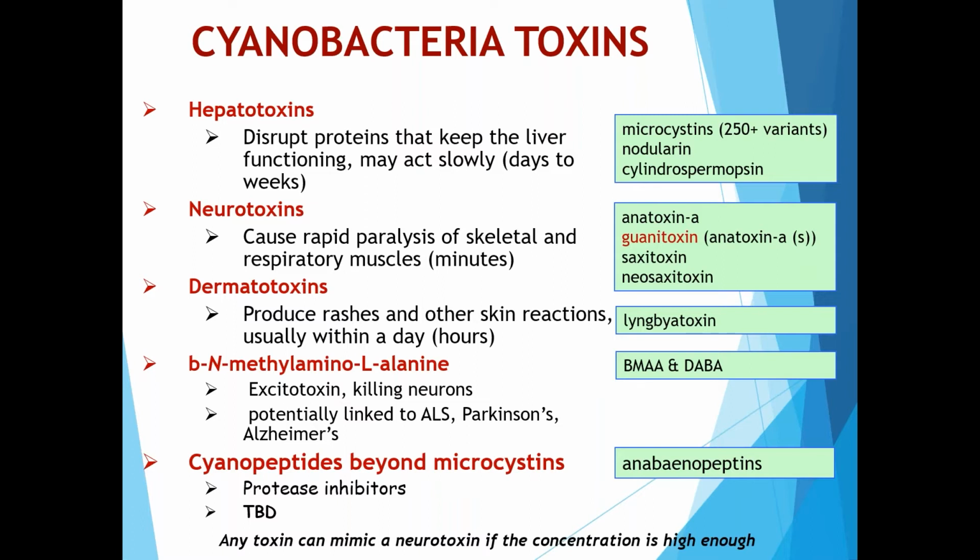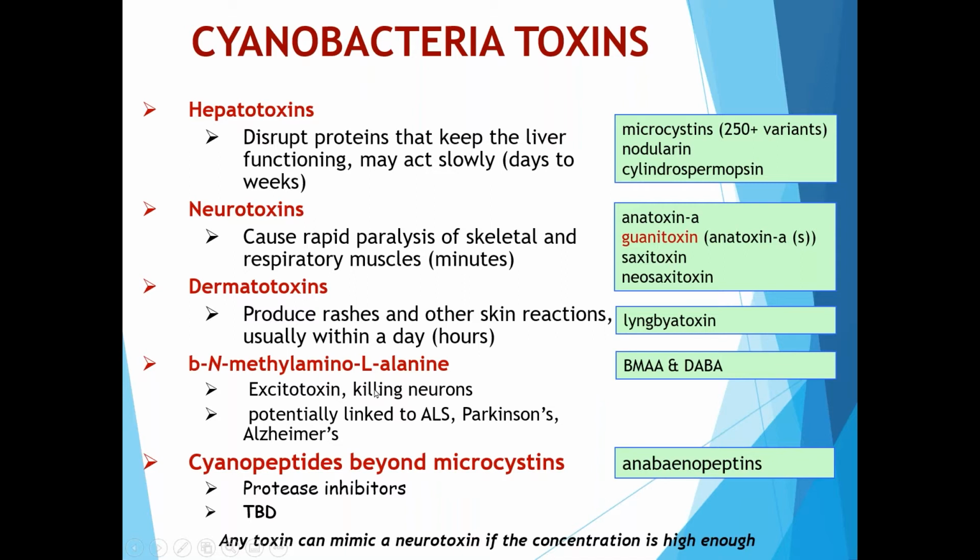Dermatoxins, which look like they might have a little bit more effect than just being rashy on your skin, but that's what a dermatoxin means. Usually it happens pretty fast, hours to days. Then BMAA and DABA, and we're still not sure about them.